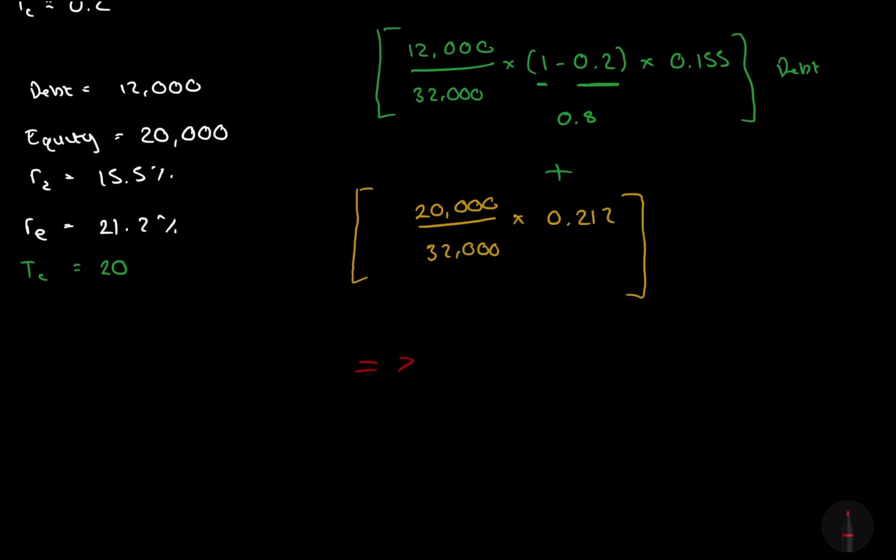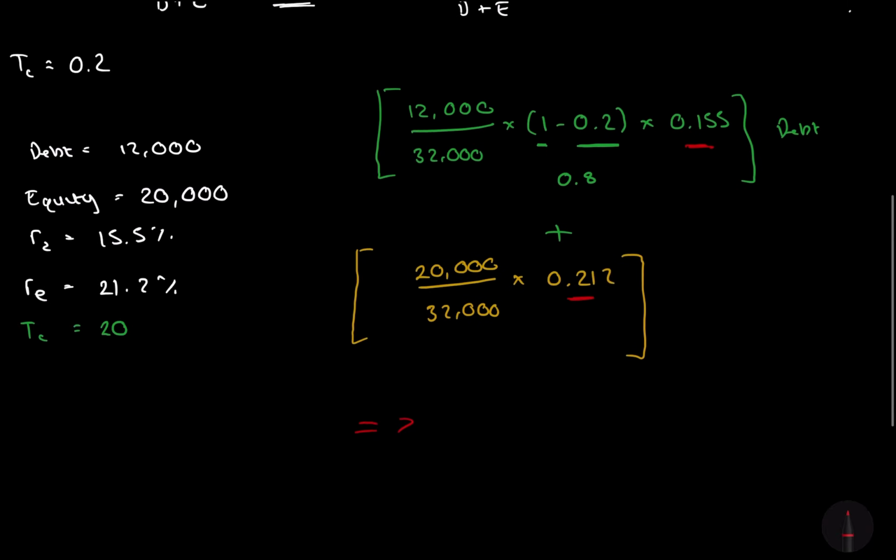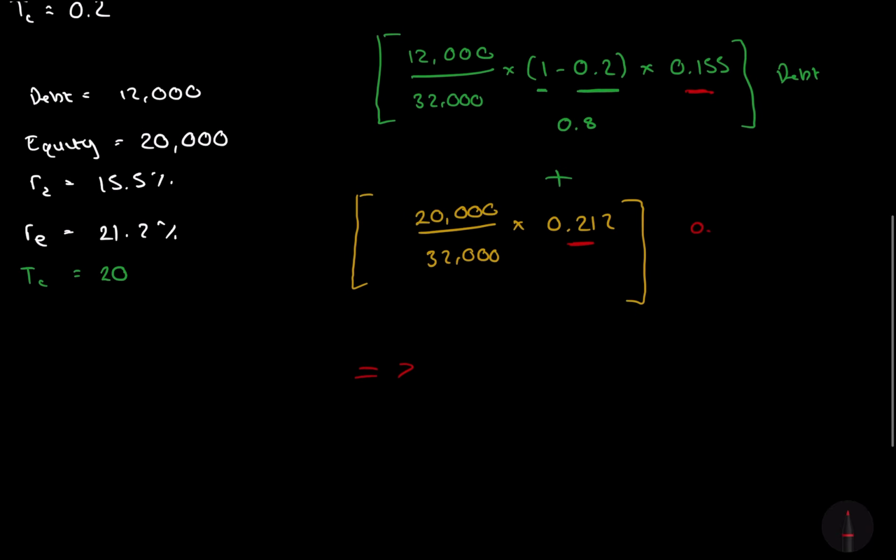We've got 21.2% here, and we've got 15.5%, and we're actually going to have a lower value than 15.5% for debt because the interest is tax deductible. So that's probably going to be around, random guess, 0.12. And this is going to remain the same. But remember, these are still weighted, so we're looking in the ballpark between these two values, and taking a random guess, let's say 16%.